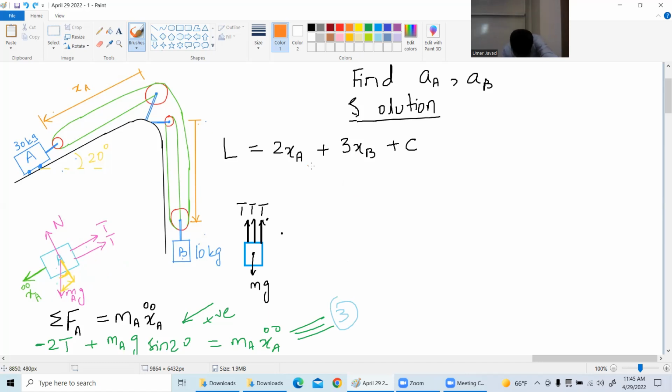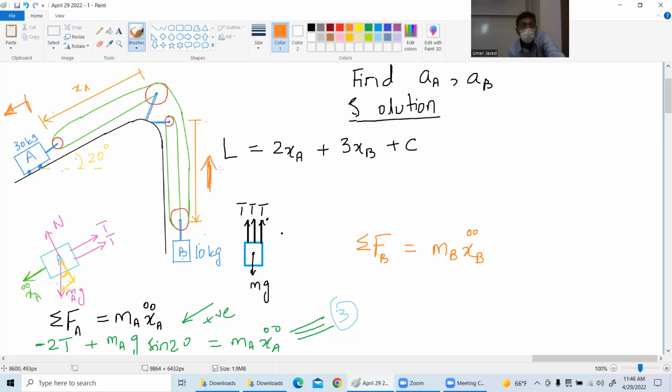Now, the other equation that I genuinely need today is the summation of forces for the mass B equal to MB XB double dot. Please remember that we already made the calculation that this definitely is going down towards the left.